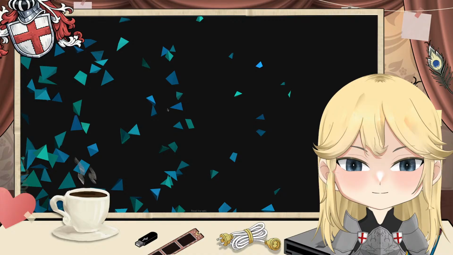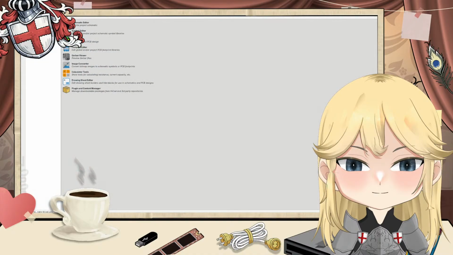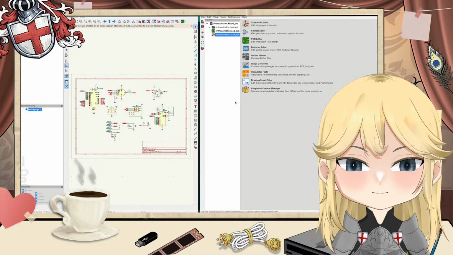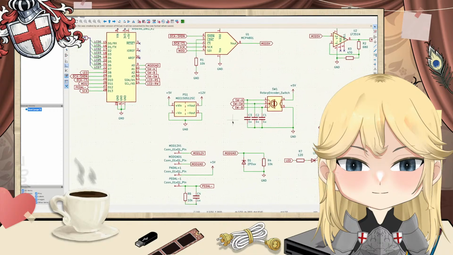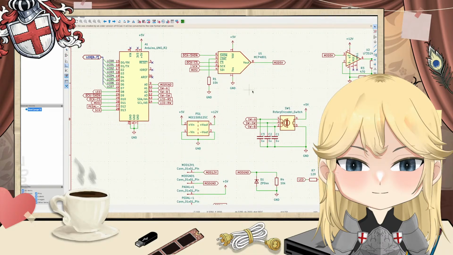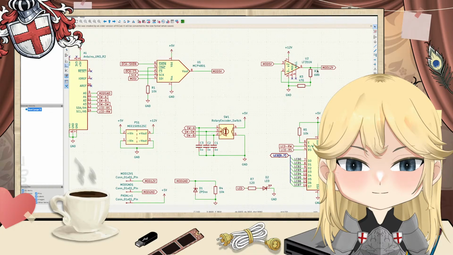Right, we wanted to check out the schematic. So let's see, what do we have? This should immediately go in here and should work.